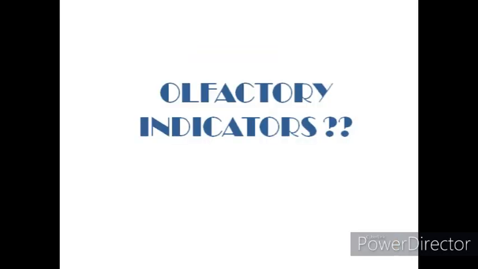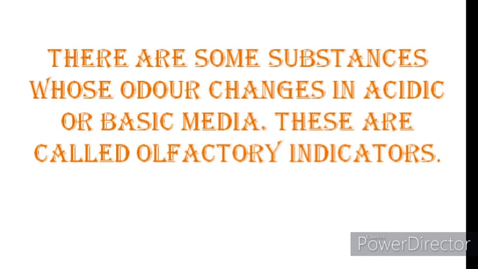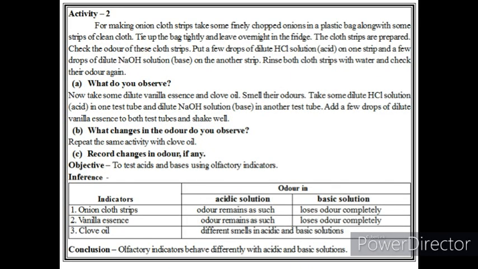Now the next type of indicators are olfactory indicators. What are olfactory indicators? There are some substances whose odor, meaning whose smell, changes in acidic or basic medium. These types of indicators are known as olfactory indicators. Various olfactory indicators are onion cloth strip, vanilla essence and clove oil.